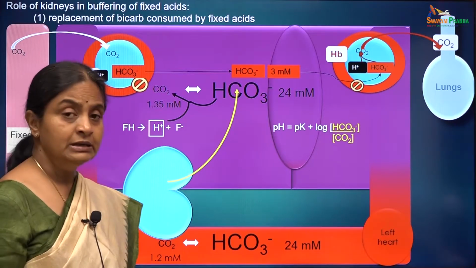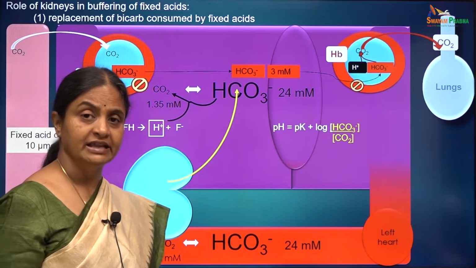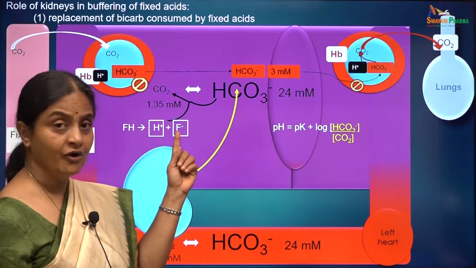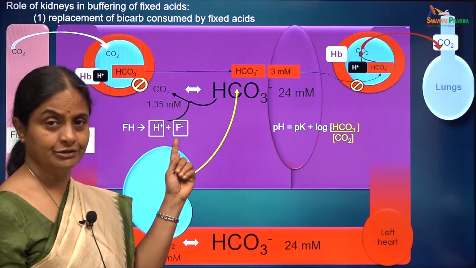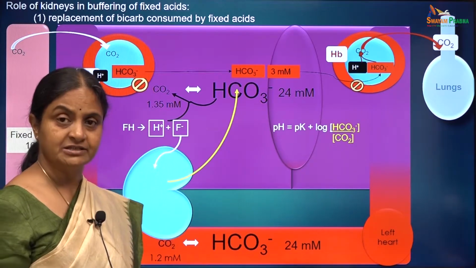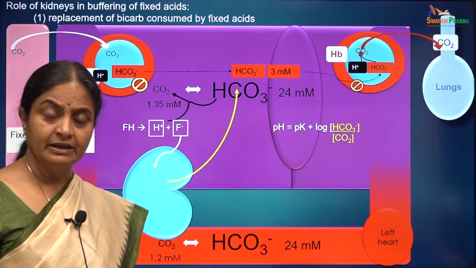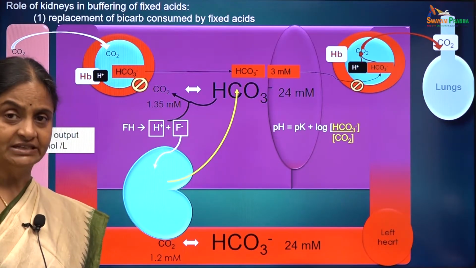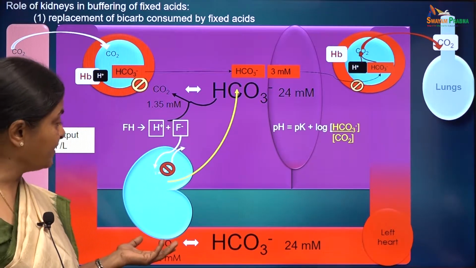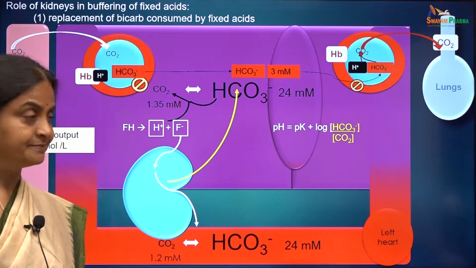The second important role that the kidney plays is elimination of the fixed acid anions. The fixed acid anions, just like all substances in the glomerulus, are freely filtered. They are not reabsorbed and therefore they are eliminated.